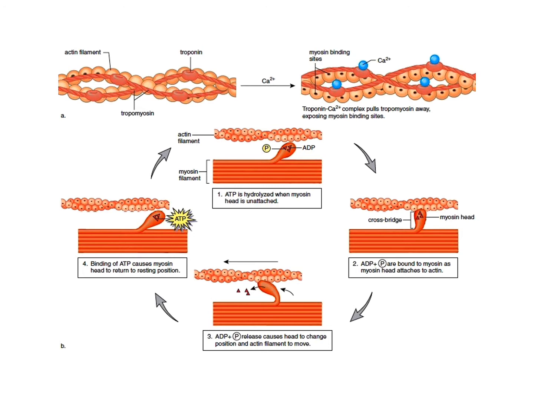So if you want to fire a gun, and it's that kind of pistol that you have to lower the trigger to be ready, that's exactly what's happening right here. ATP is going to come to that naked binding site, and when it does, it makes that myosin let go. And that myosin head is going to break it down to ADP and phosphorus, ready for the next time he can grab the actin.